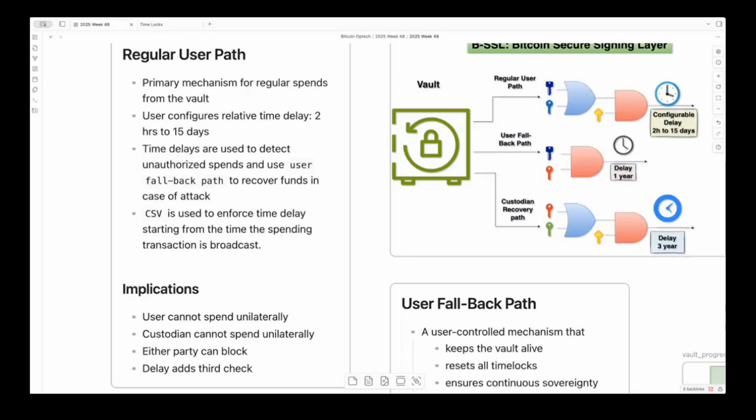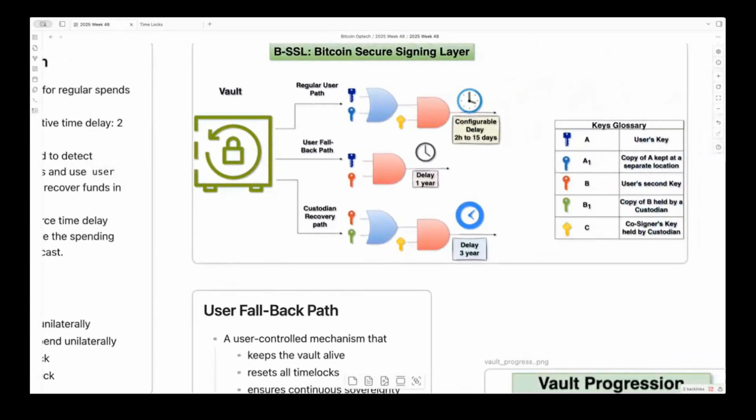But if you suspect some attack, what you can do is immediately use the fallback path, or the recovery path, so that once you suspect an attack, you can create a transaction. You'll have some time.